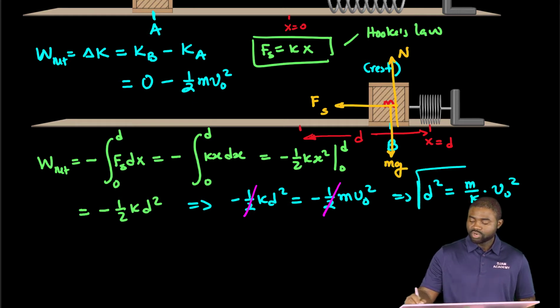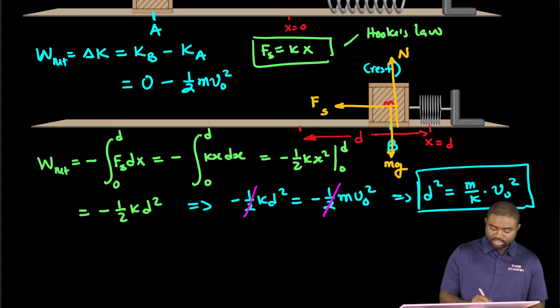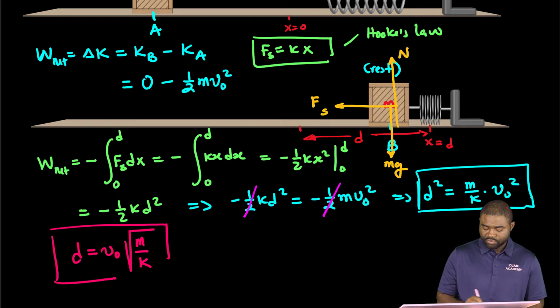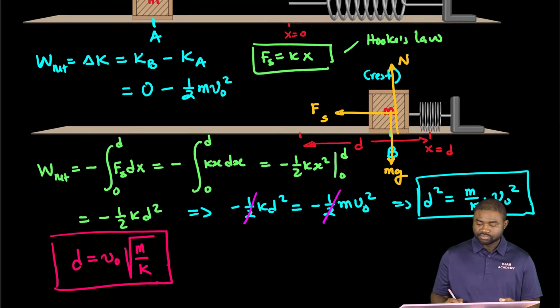If you want, you can leave it this way, but I will further simplify by taking the square root of both sides. This will mean that d, in the absence of friction, will be equal to v naught times the square root of m over k. And this will be my answer for part A of the problem.